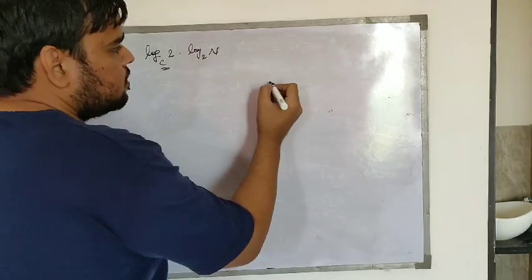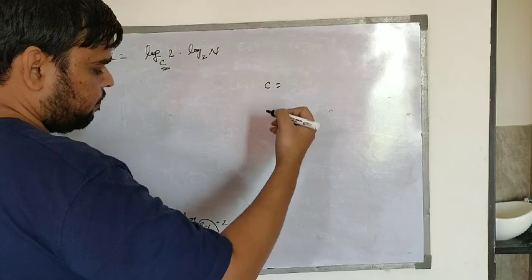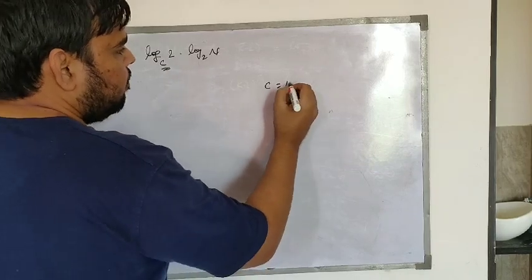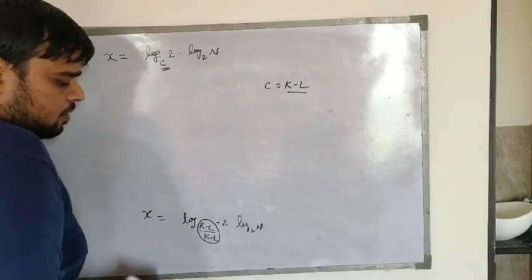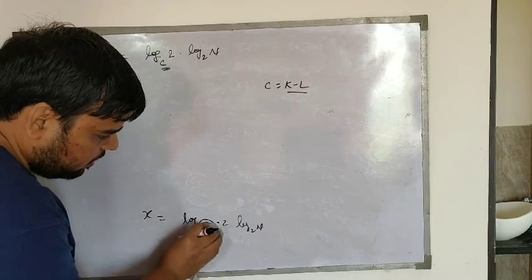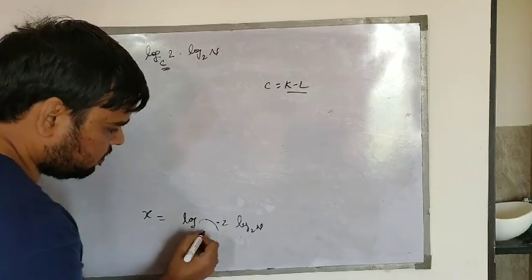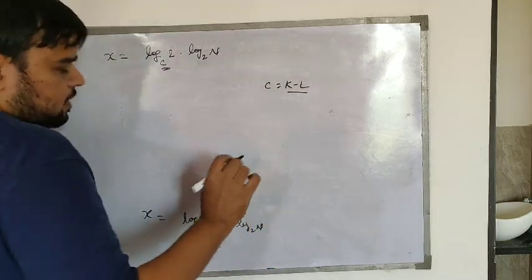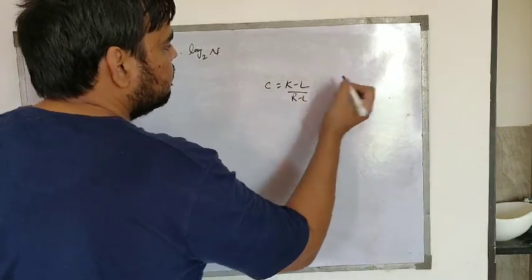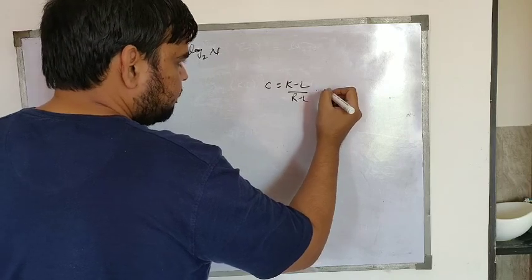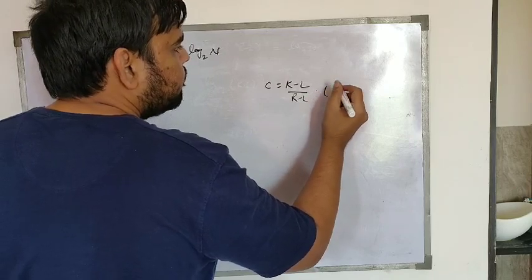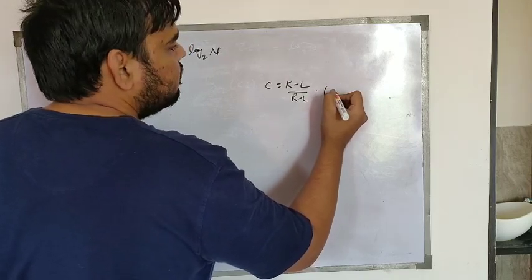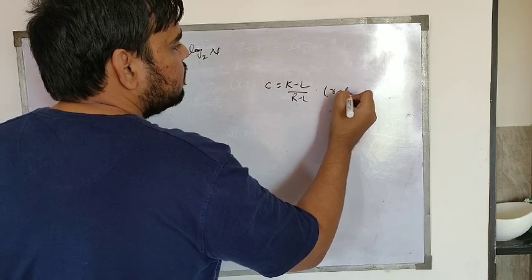Initially my c was (K - L)/(R - L). So we need to reverse it, sorry, because we are reversing, so it will be (R - L)/(K - L).